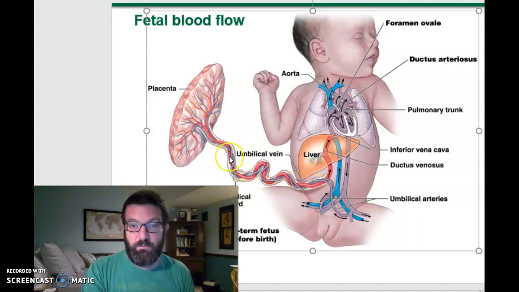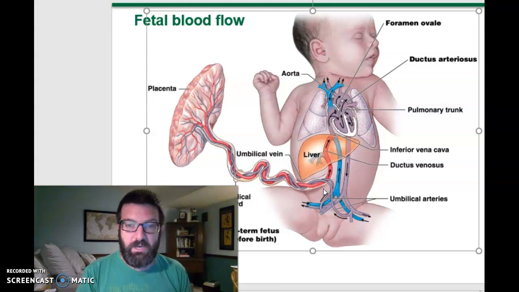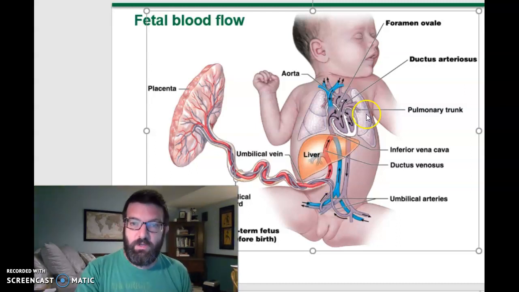And again, that's the red one because this is oxygenated. And it comes through this ductus venosus and dumps into your inferior vena cava, which comes back to your heart. Again, this ductus venosus hardens up when you are born and becomes a fibrous cord that will be attached to your liver, which we'll look at when we get to the digestive system.